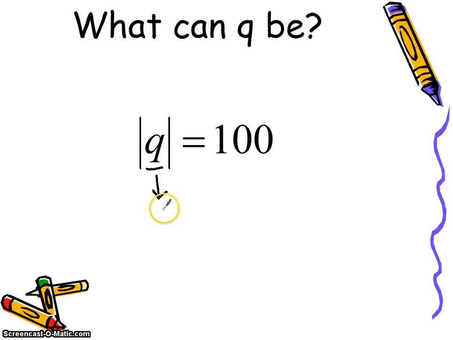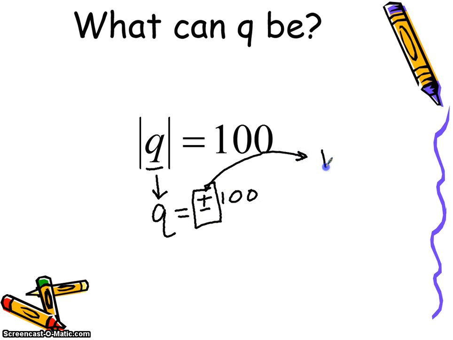Well, what's inside, which is q, could be +100, because it could go 100 to the right of 0, or what's inside could be -100, because you could go to the left 100 from 0. So q could be positive or -100. And this symbol right here is an or statement. It just means positive or negative.